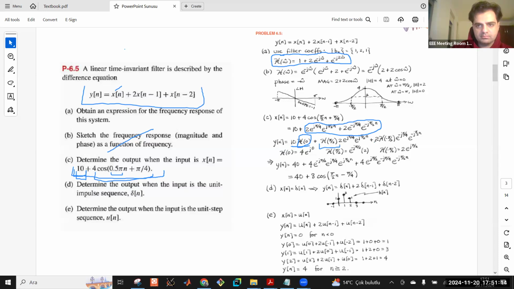Actually, we will multiply the first part with H of pi over 2 because the frequency is pi over 2 here. And here the frequency is minus pi over 2, so we will multiply that part with H of minus pi over 2. So this will be the final result.